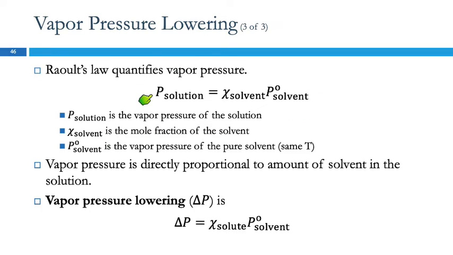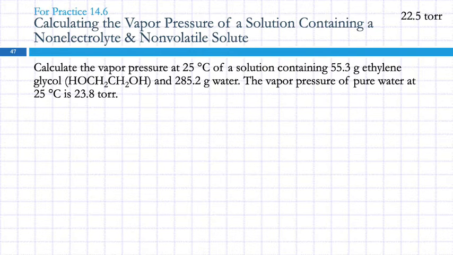The vapor pressure of the solution is the mole fraction of the solvent times the partial pressure of the pure solvent. So here the solvent is H2O. I'm sorry, this is not the partial pressure of the solution. It will be equal to the mole fraction of the solvent times the partial pressure of the pure solvent.